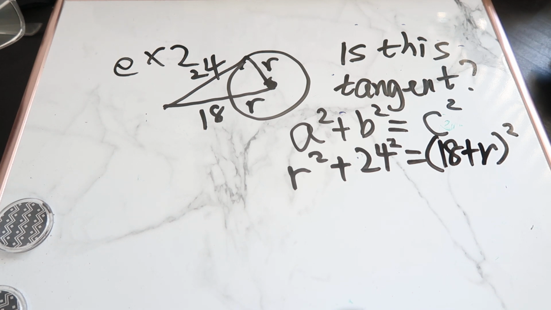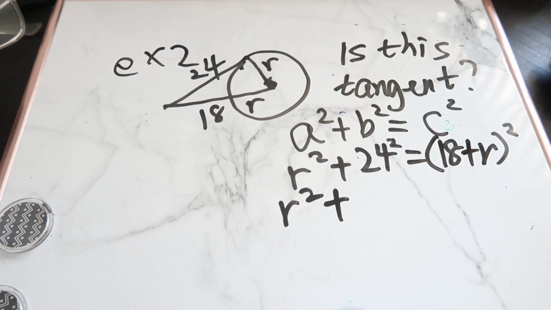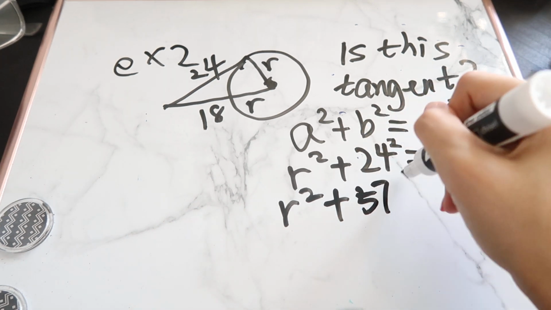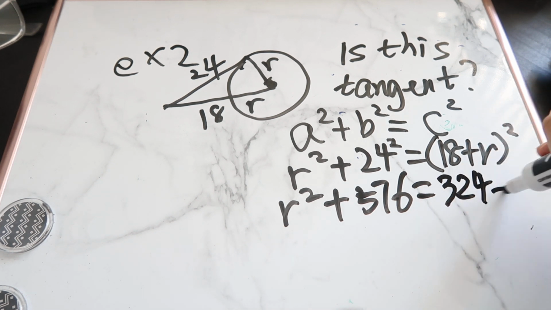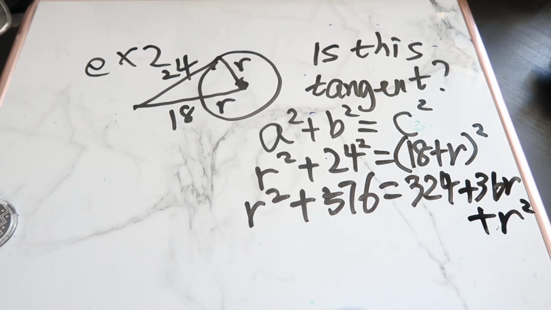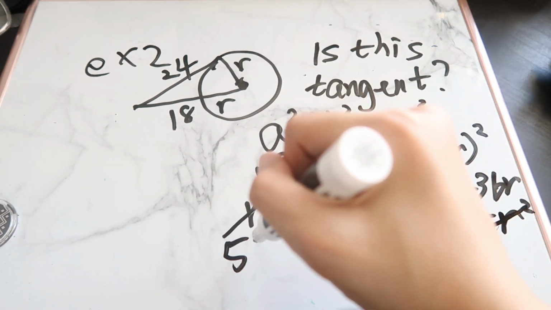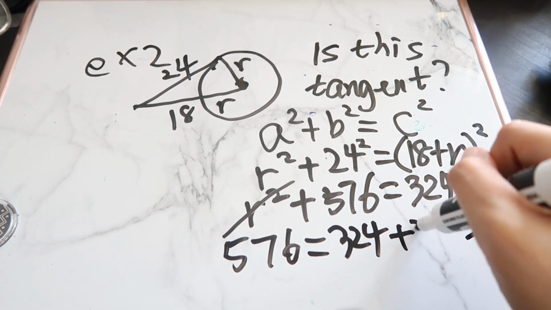It might seem like a quadratic equation, but actually it's not. So it will be r squared plus 24 times 24, which is 576, equals, for this part, you need to multiply it out, so it's 324 plus 36r plus r squared. And when you have r squared on both sides, they can simply be cancelled out. So you'll have 576 equals 324 plus 36r.